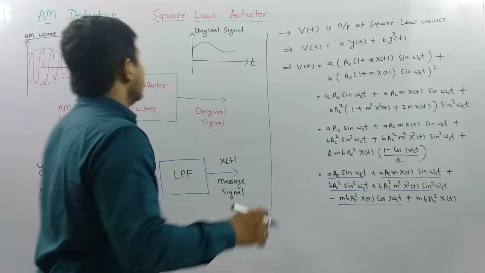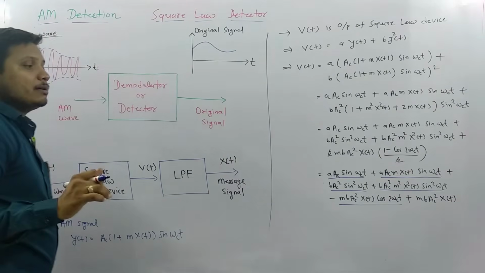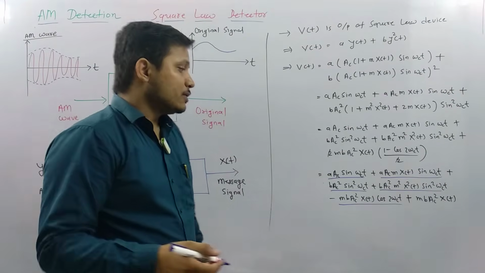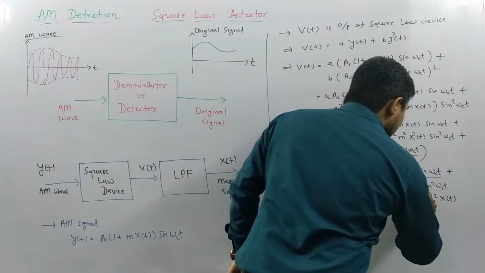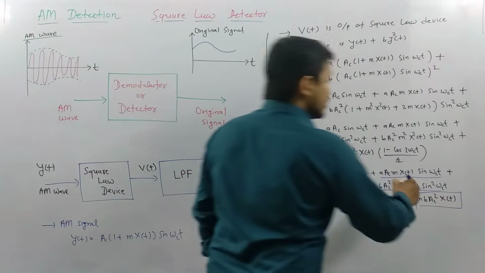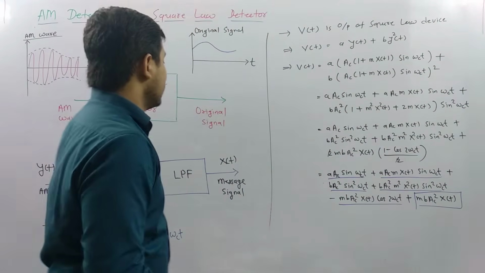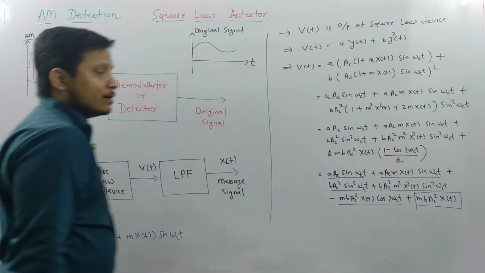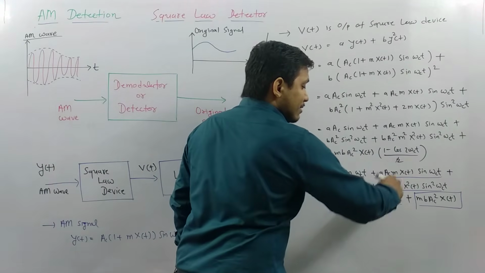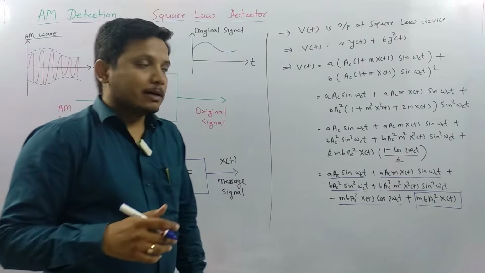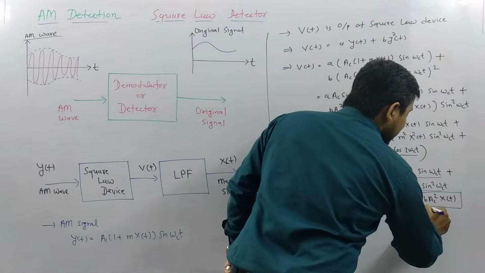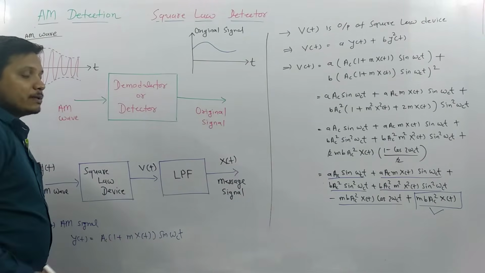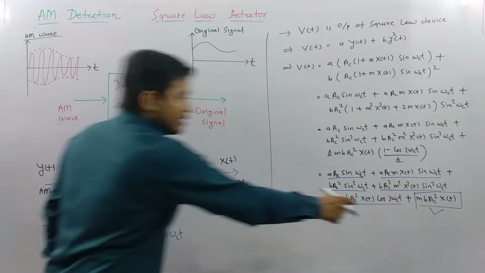And in AM detection, we don't want the carrier signal, we want the original signal. So to extract the original signal, we want the term where there is no carrier, only information. So if you pass this v(t) through a low pass filter, all these other terms will get cancelled, and only this term will pass through the low pass filter. So your output will be this term only.